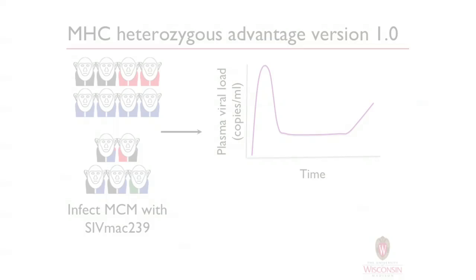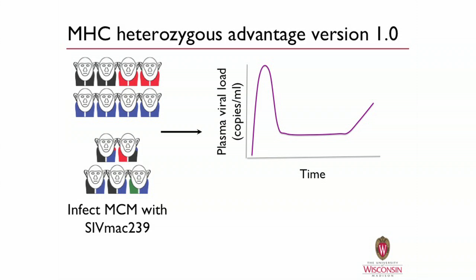So we've actually performed 2 MHC heterozygous advantage studies, and I'm first going to talk briefly about version 1.0, which we published in 2010. Here, we did a retrospective analysis of animals who were homozygous and MHC heterozygous, and we looked at their viral loads over the course of time.